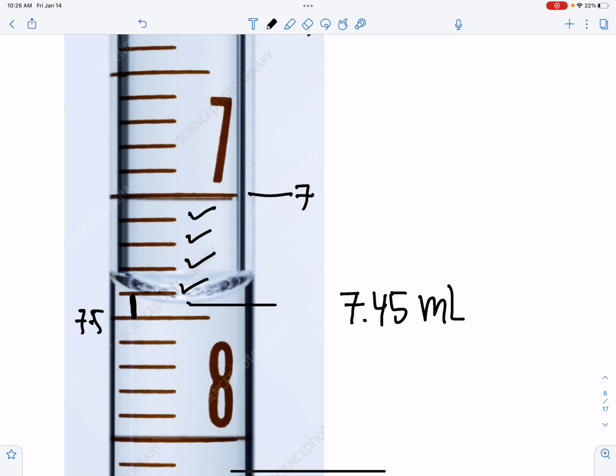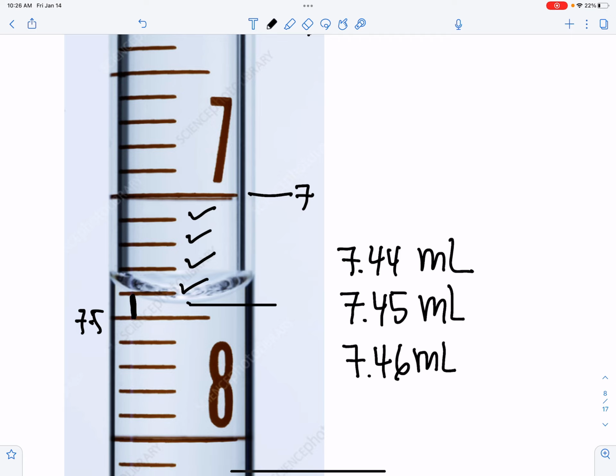But what if one of you tells me, you know what, Mr. Reyes, I disagree with you. I think it's 7.46. And what if another one of you tells me, well, Mr. Reyes, I think you're wrong. I do not see 7.45. I see 7.44. And that's all good because we can only say with certainty those lines.